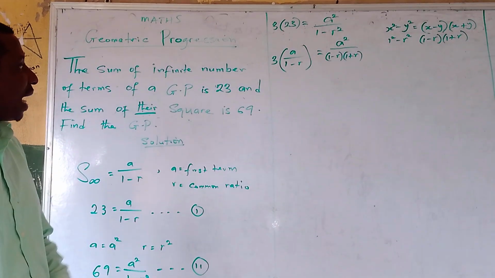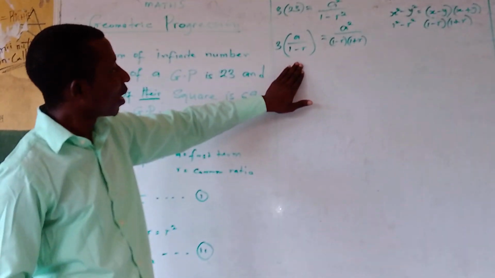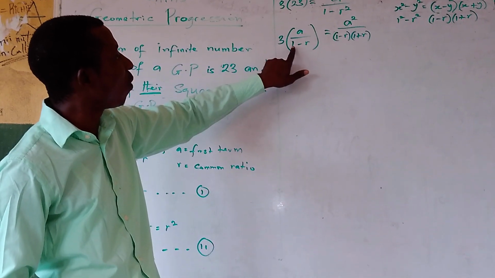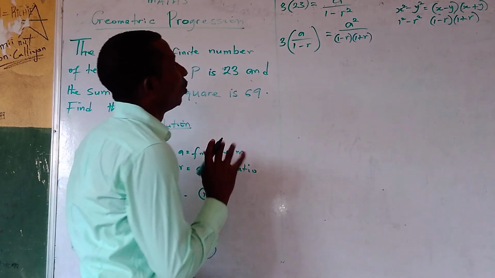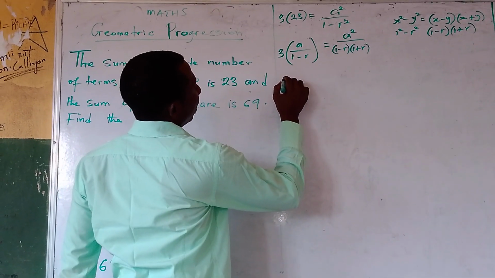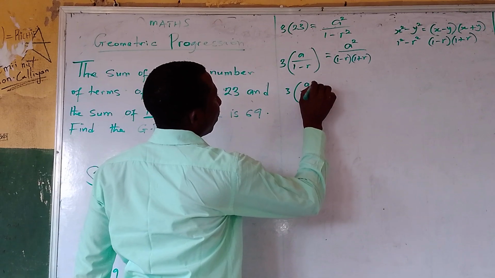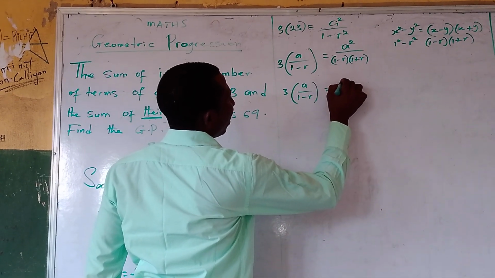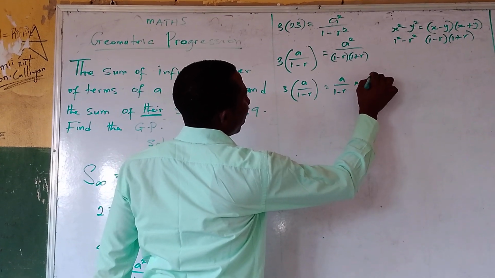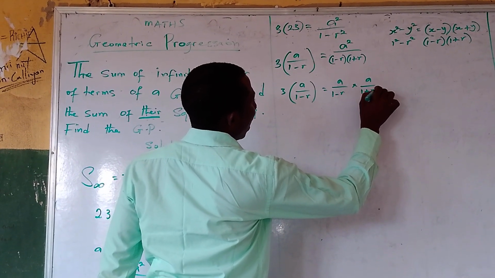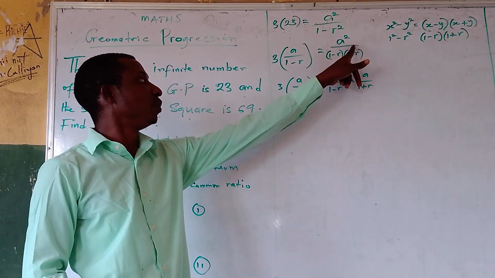Alright. Now as I'm solving, I'm looking at my left hand side. I have A over 1 minus R. I'm seeing that here. So I'll do a little manipulation. I have 3 open bracket A over 1 minus R equals A over 1 minus R times A over 1 plus R. If you multiply this together, it will give you this.